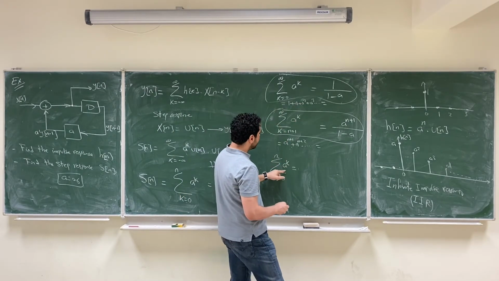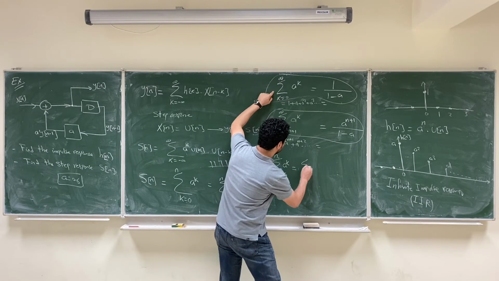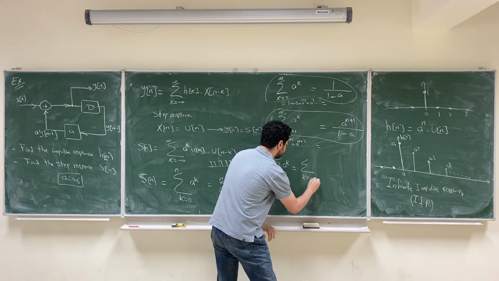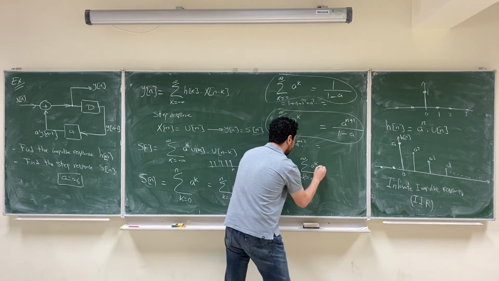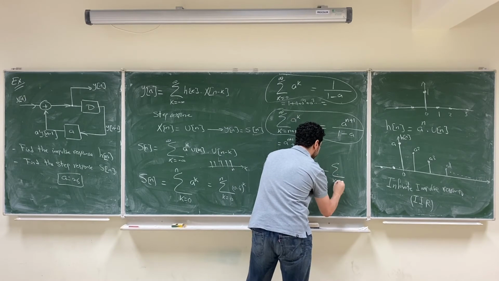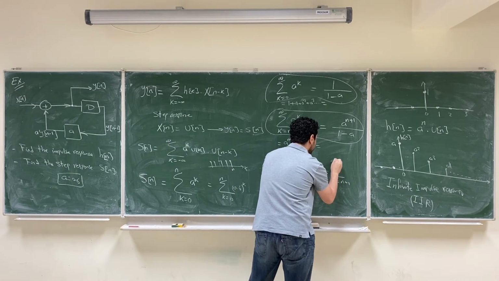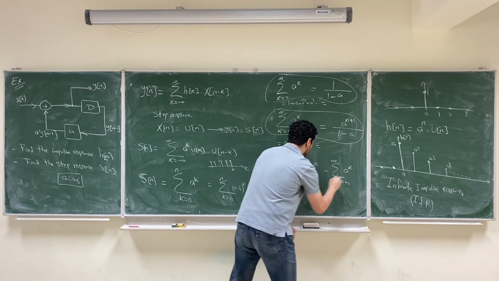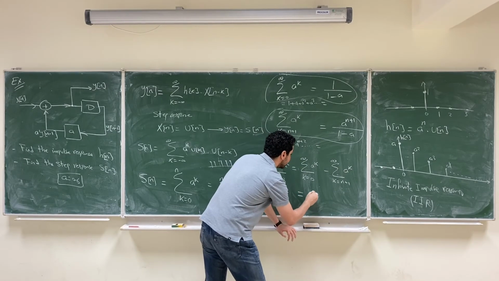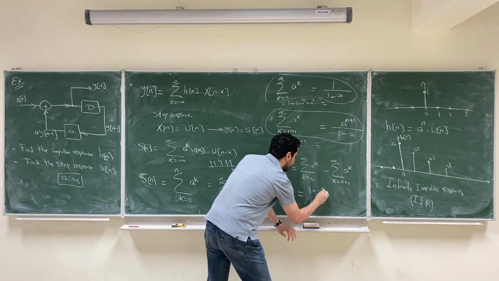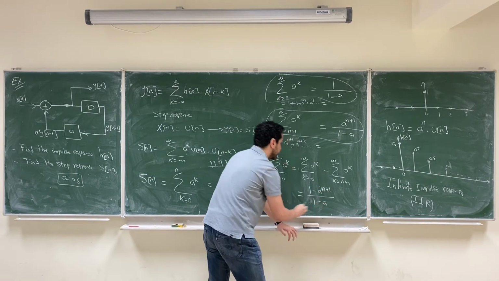So this summation is the first summation minus the second summation. So you can write this summation as 1 minus a to the power n plus 1, over 1 minus a.